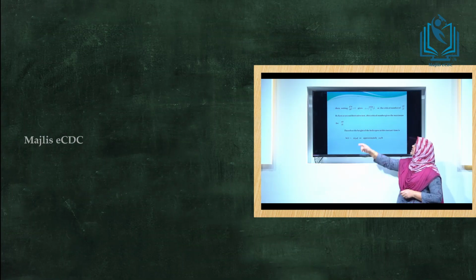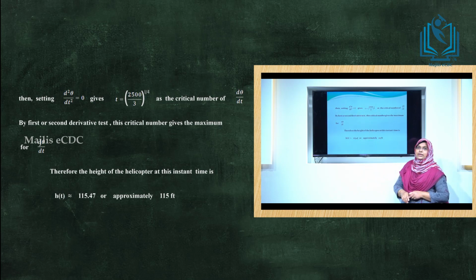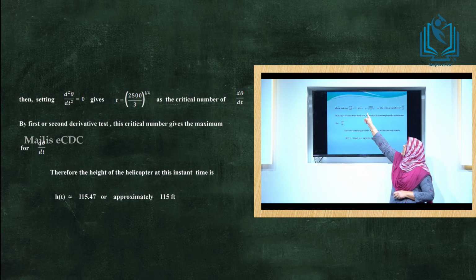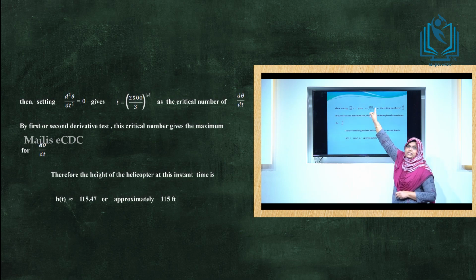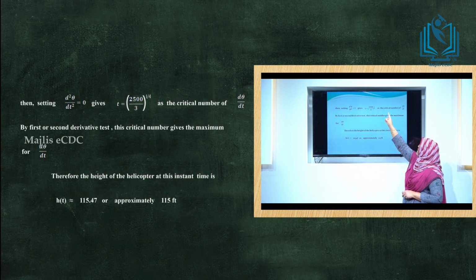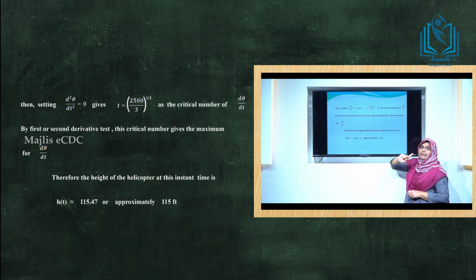Then setting d squared theta by dt squared equals 0 gives t equals (2500 by 3) whole raised to 1 by 4 as the critical number of d theta by dt.